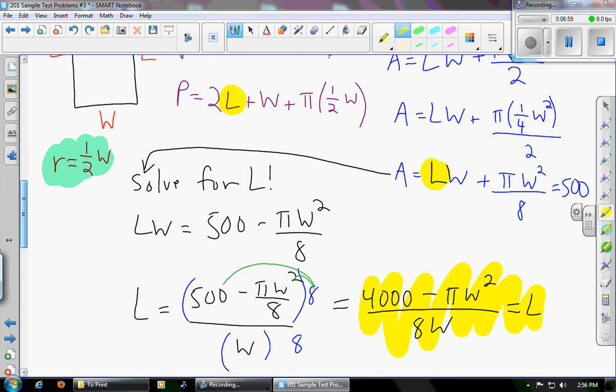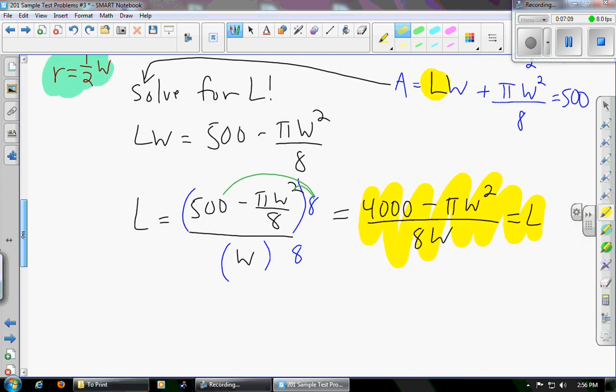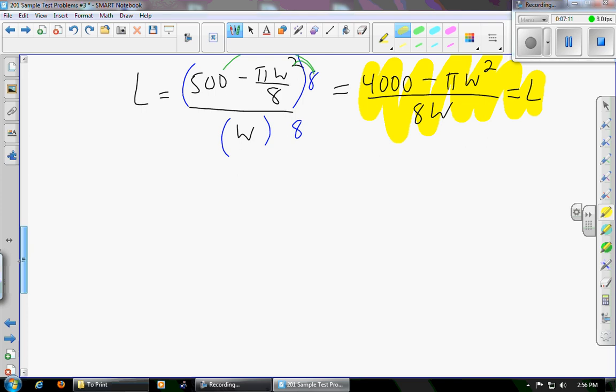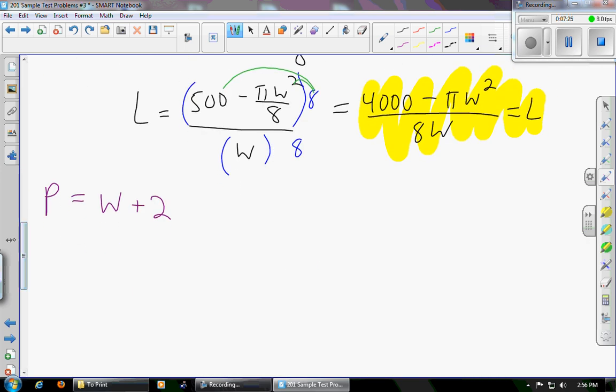Remember, the goal was to take that and plug it in for this L right here. So let's do that. So we're going to rewrite that purple equation, and instead of the L, we're going to put this whole big mess that's downstairs. So we're back in purple, the equation way up above, perimeter equals. So it was W plus, I guess I wrote it in the other order. It was 2 times L. Instead of L, we're going to put a lot of stuff.